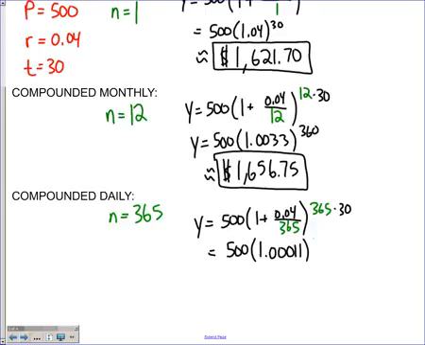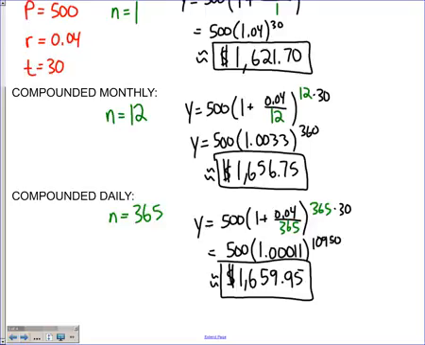And our exponent turns into 10,950. And after we type that in, we end up with $1,659.95.